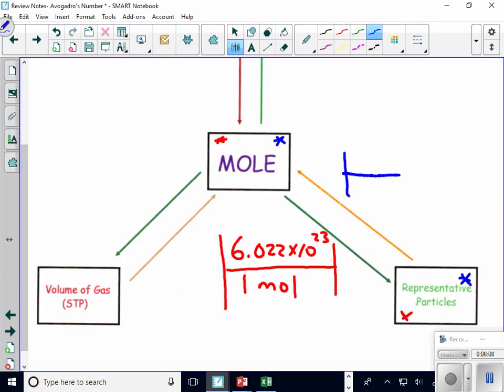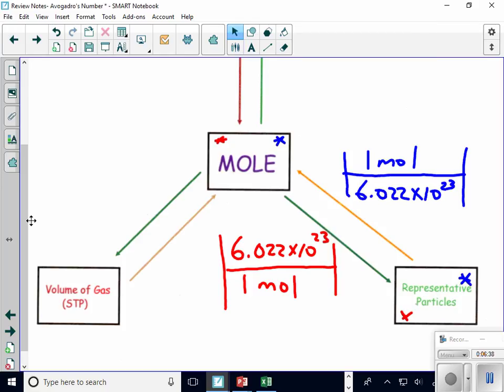So my conversion box is going to be 1 mole on the top, Avogadro's number on the bottom. That will allow me to make my cancellation in order to convert from one to the other. Okay? Now, we're just dealing, like I said, with this one branch, moles to representative particles.